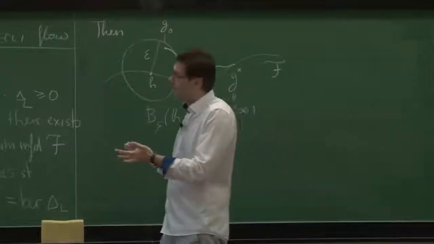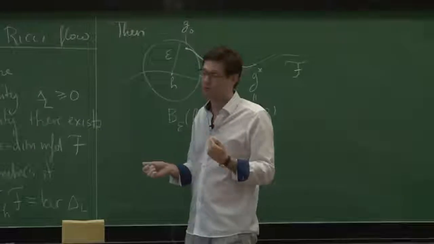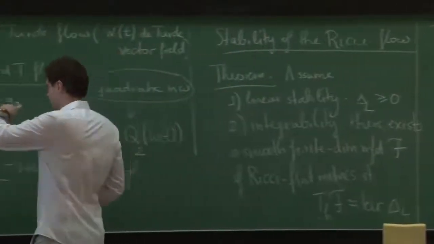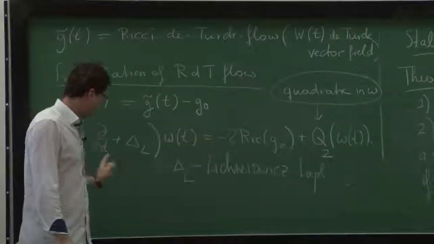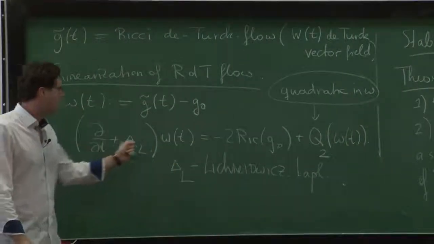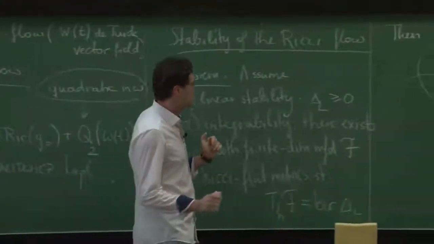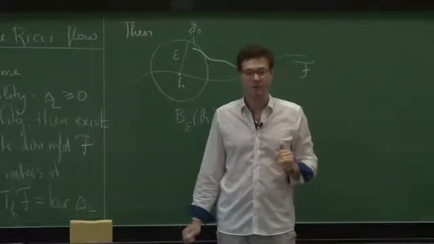And we have now seen a glimpse of the properties of the Ricci flow. One glimpse is that you can change the Ricci flow by a diffeomorphism and get something which looks like a heat equation. And another glimpse is that if you perturb a Ricci flat metric, you will get a Ricci flat metric back.